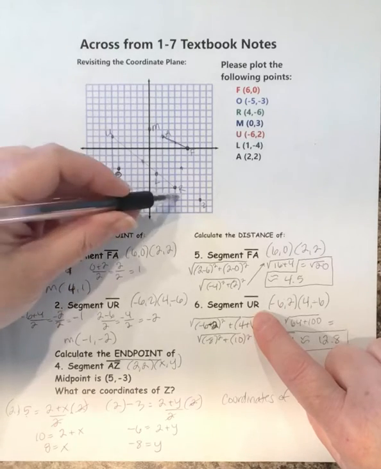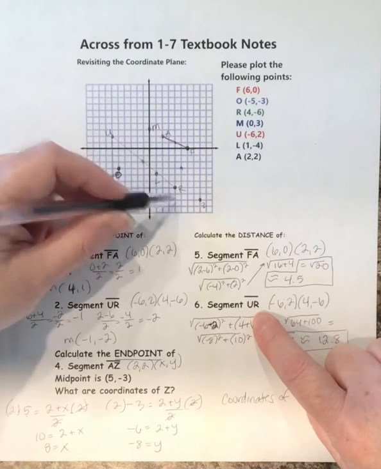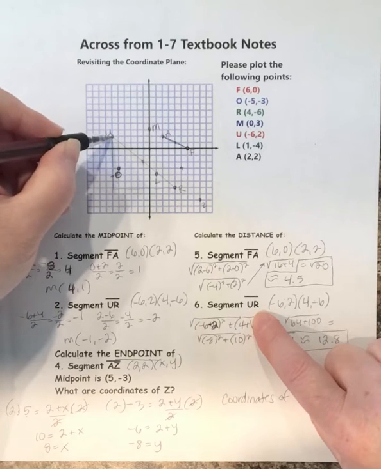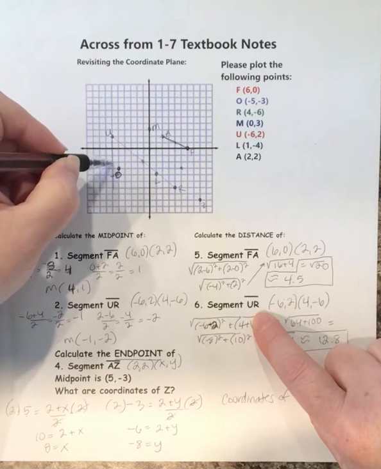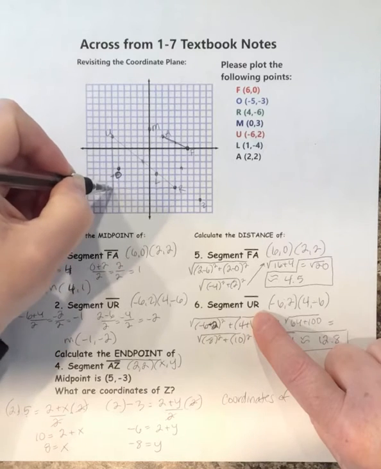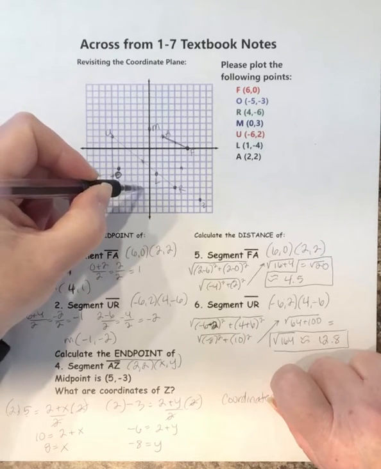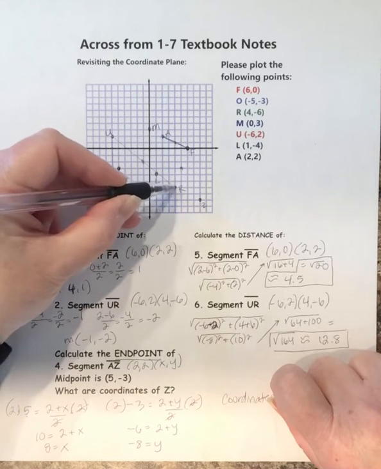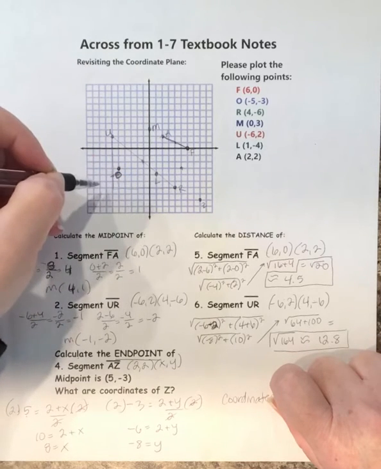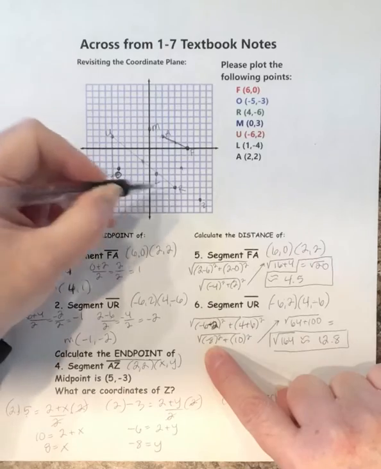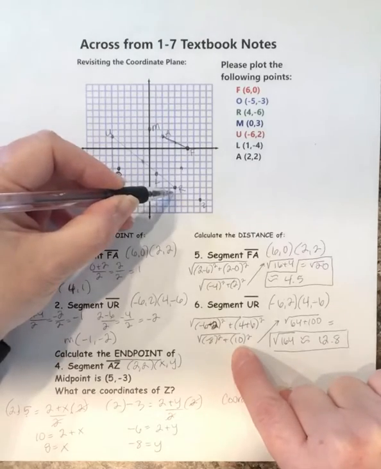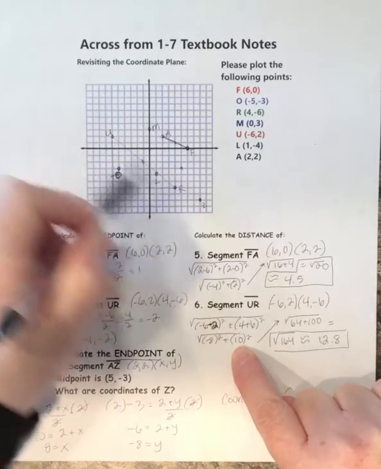So if I look at this right triangle, UR is the hypotenuse. Well, this leg would be 1, 2, 3, 4, 5, 6, 7, 8. This leg would be 1, 2, 3, 4, 5, 6, 7, 8, 9, 10. Well, 8 squared plus 10 squared equals this squared.